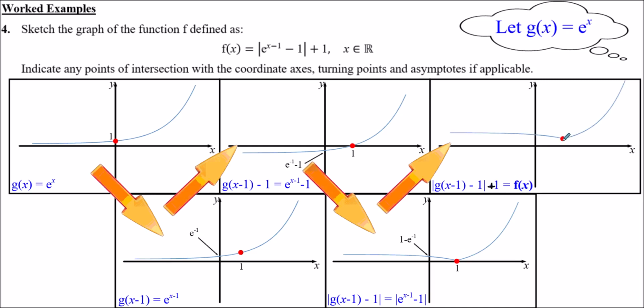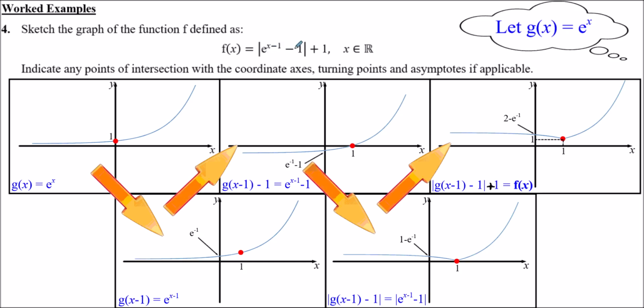So that's going to be again at 1, 1. This point here is going to be this plus 1, which will be 2 minus e to the minus 1, like so. And the asymptote, this one here, e to the minus 1 is at a point there, and as x gets smaller and smaller and smaller, this here will approach a value of 0.